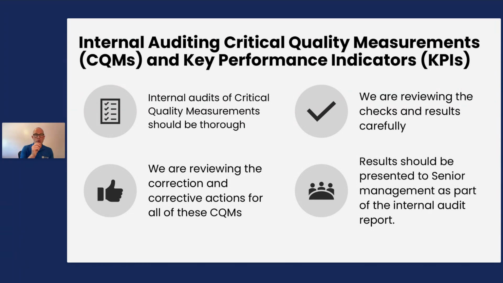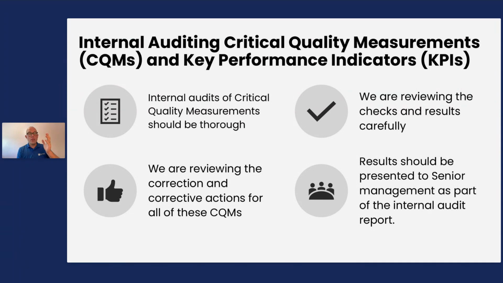All of those non-conformance findings and the corrective actions need to be a part of the final internal audit report, and those are going to be presented to management. That is going to be part of what top management is looking at as part of their review.